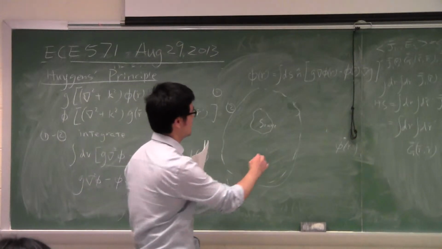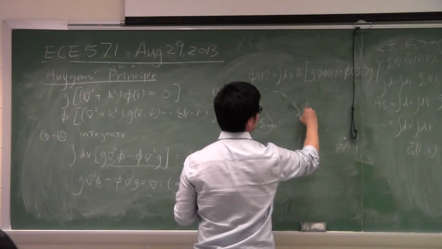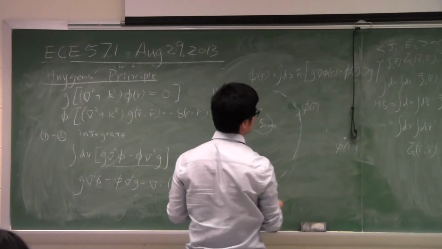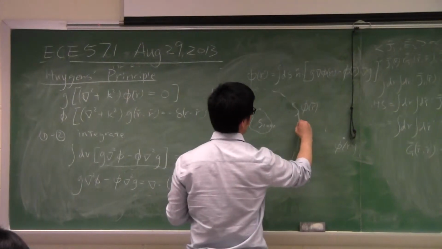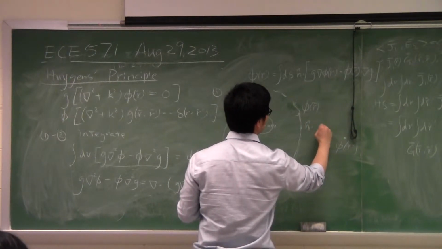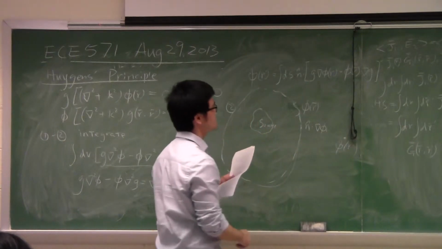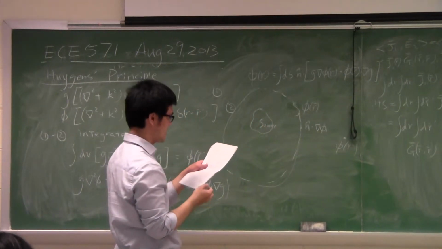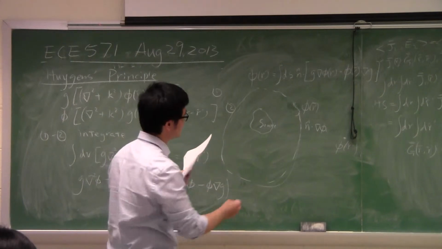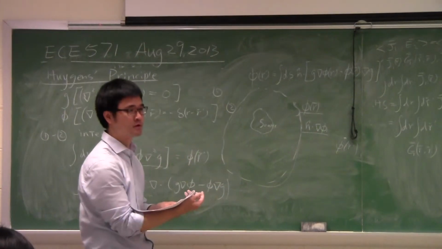So what we need to know here is just the phi value on this surface and the gradient of phi, the normal gradient of phi. And then sometimes this is called the dipole. This is called the monopole source on the surface.